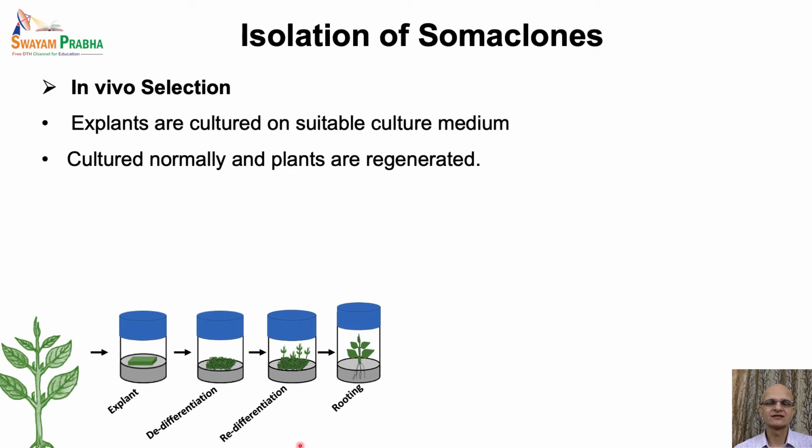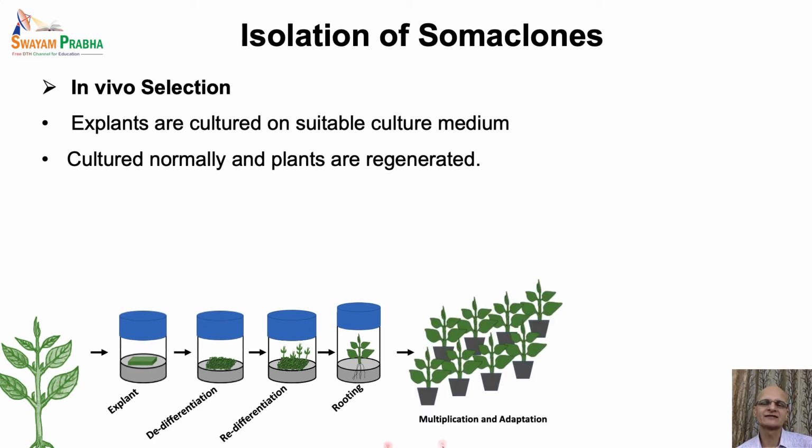These regenerated shoots, when they grow to a suitable size, are transferred onto the rooting medium, where the shoots develop roots, and now the plantlets are ready for transfer to soil for hardening. In this way, a large number of plants are regenerated.